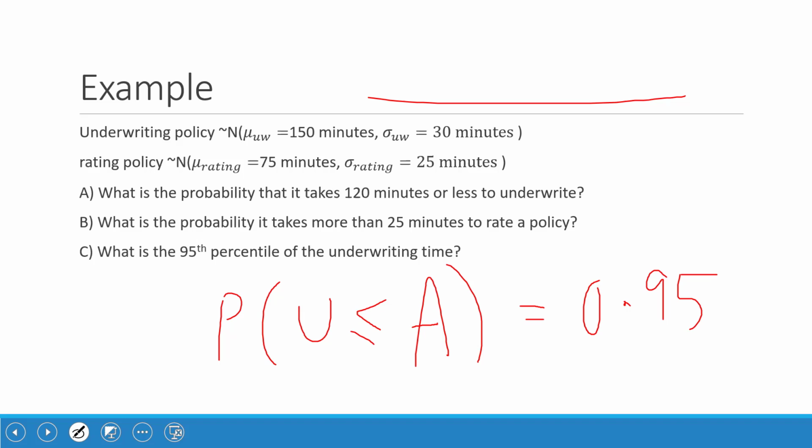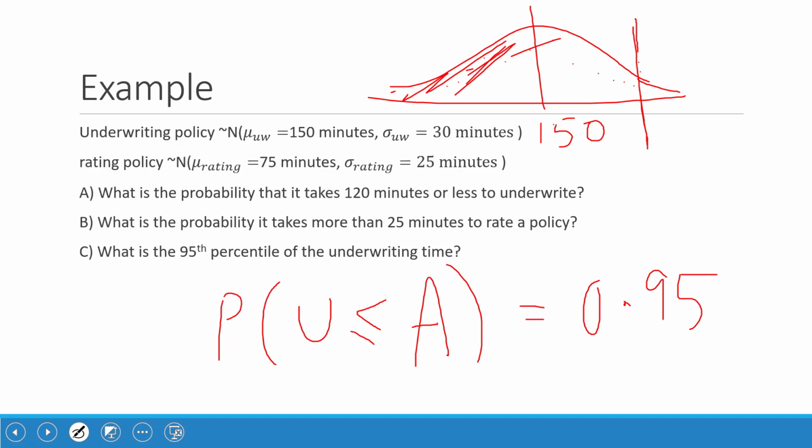So for the underwriting distribution, the mean is 150 minutes. We want to find a value which will probably be on the right side of the mean, such that the area under the curve to the left of it is 0.95. What is this value?